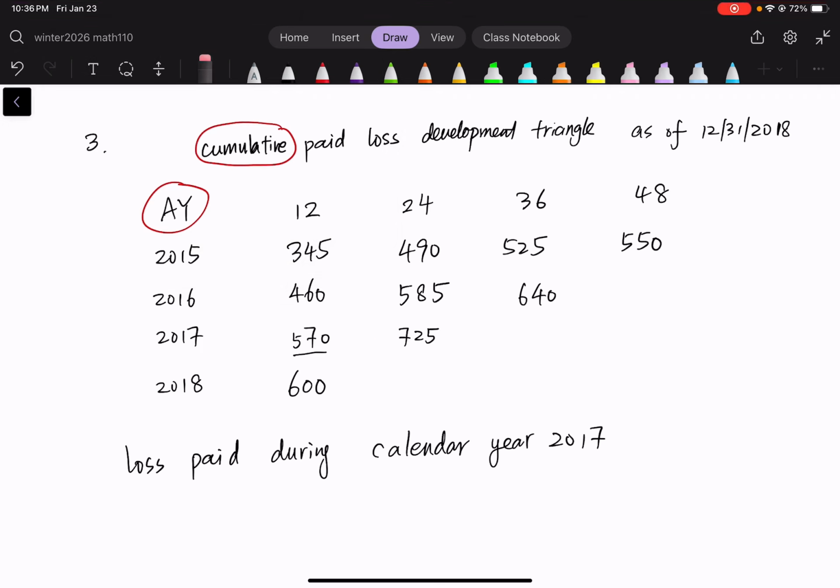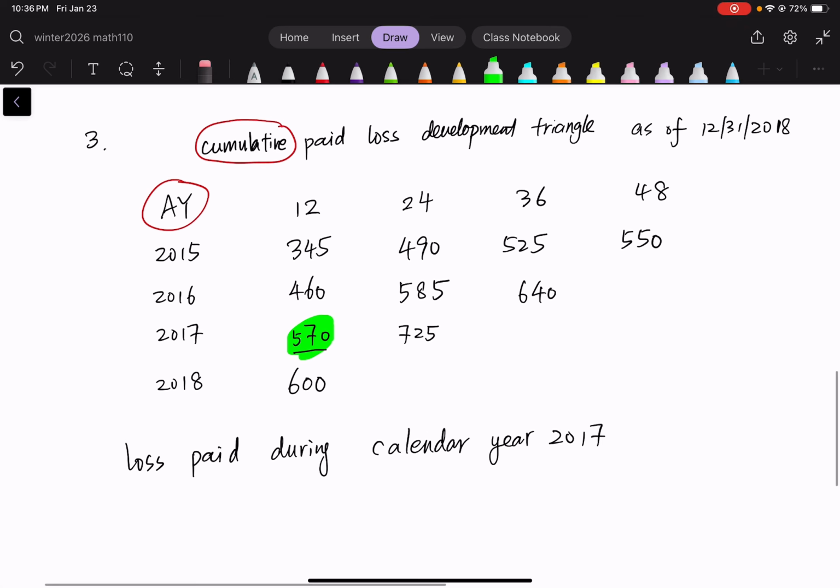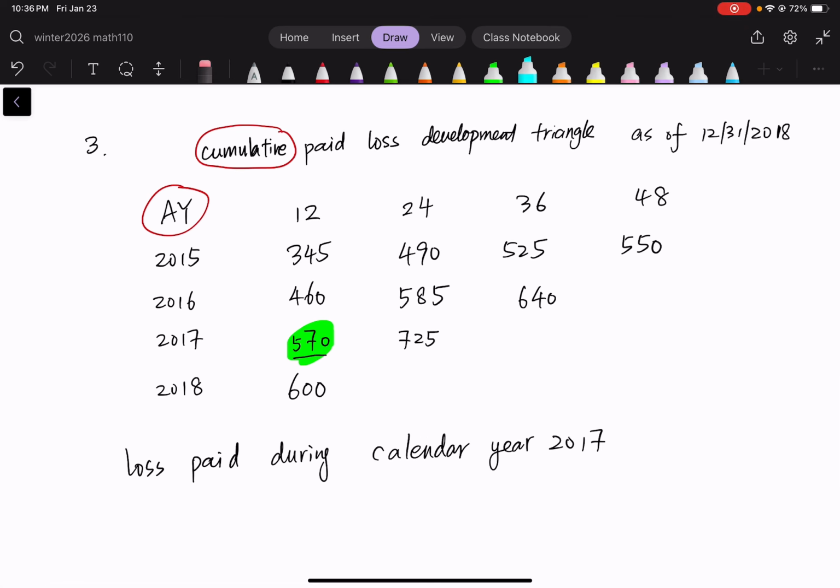So in this case, you will have $570 you paid out in 2017 for the loss that happened in 2017. And the difference between 460 and 585, because 585 is a cumulative number.